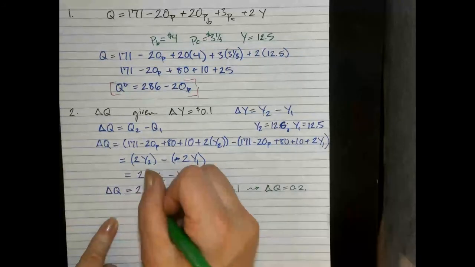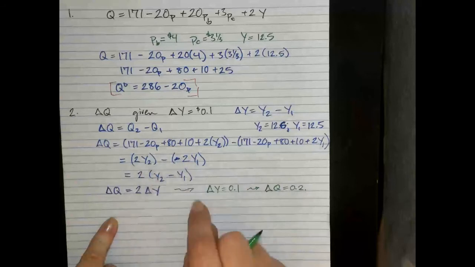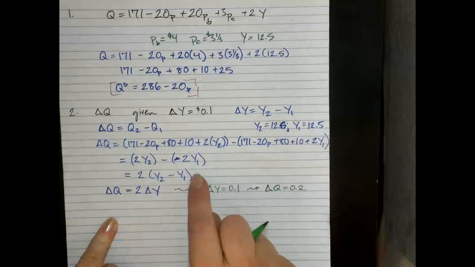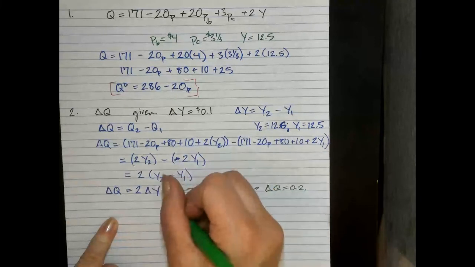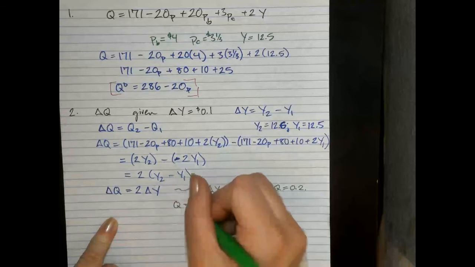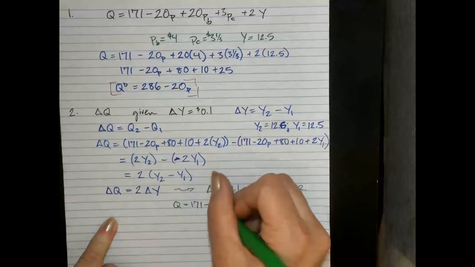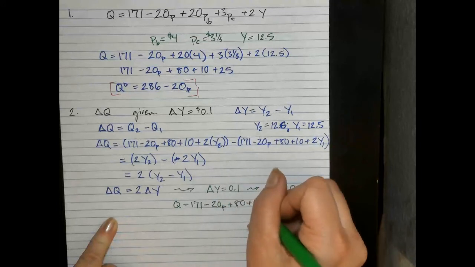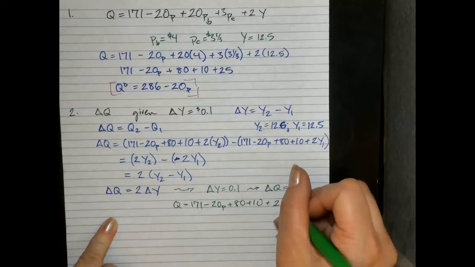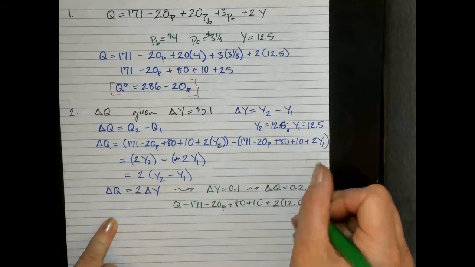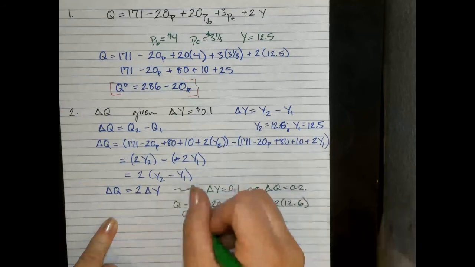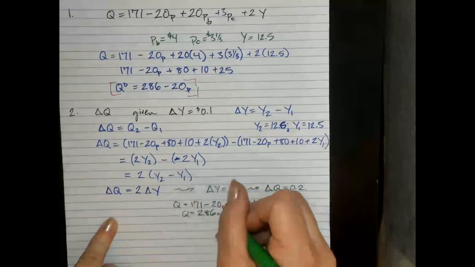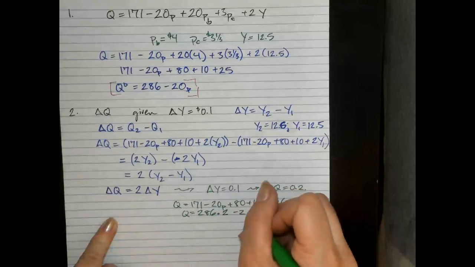And you can see that if you were to plug it in and say, okay, well, what's the difference between this estimated demand function and an estimated demand function with the new income? Well, it would be Q equals 171 minus 20p plus 80 plus 10 plus 2 times 12.6, which you will find if you go through and do the math is equal to 286.2 minus 20p.